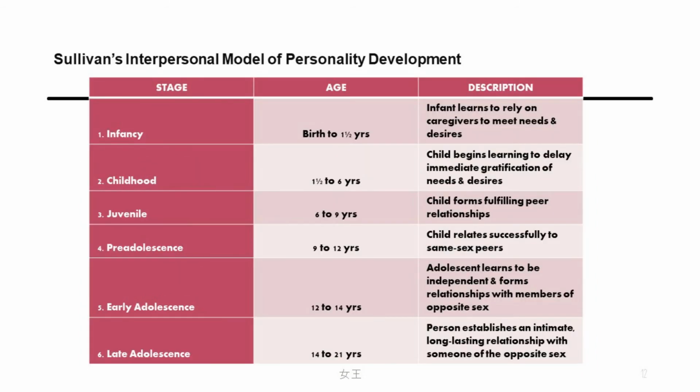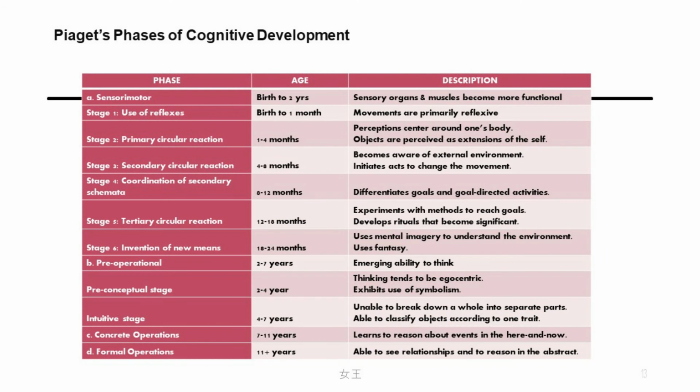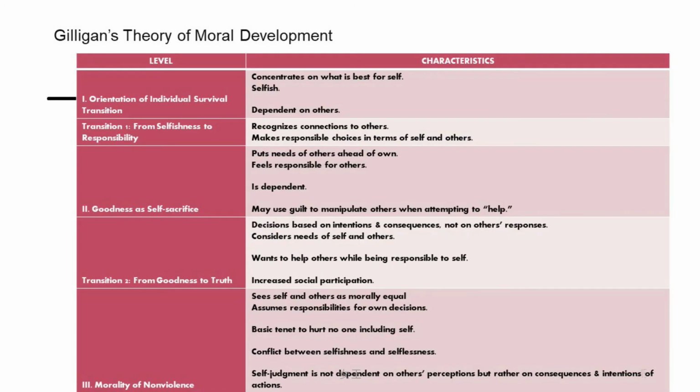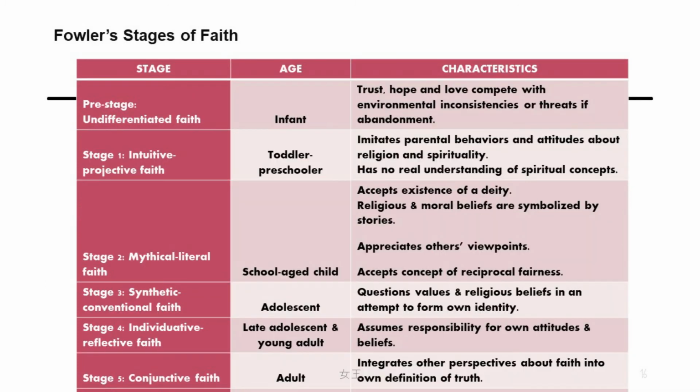Sullivan's interpersonal model of personality development. Piaget's phases of cognitive development. Kohlberg's stages of moral development. Gilligan's theory of moral development. Fowler's stages of faith.